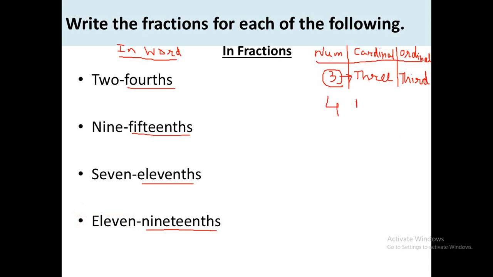The cardinal form is 4, okay, and the ordinal form is fourth, right? 5, fifth, 6, sixth, right? This is 6 and this one is sixth.